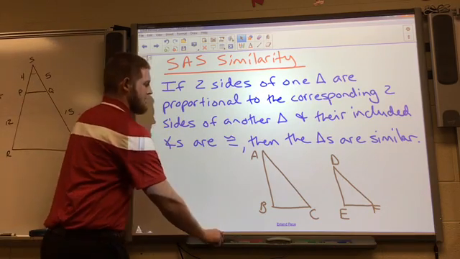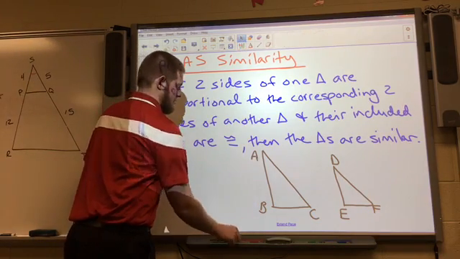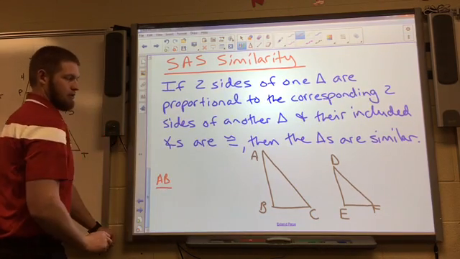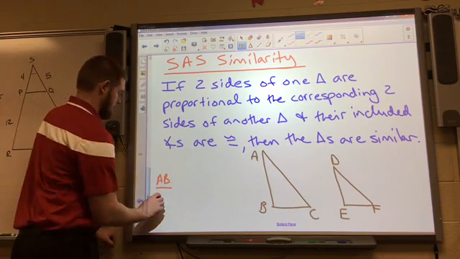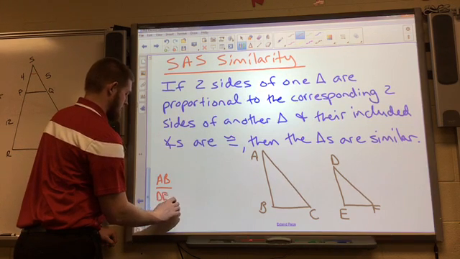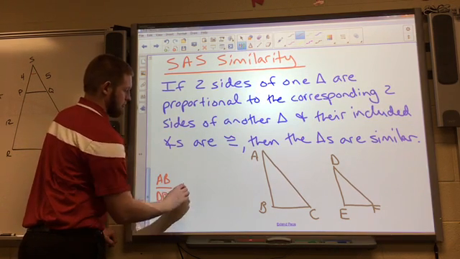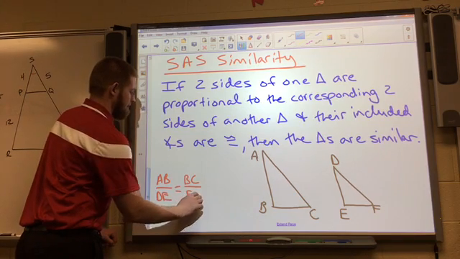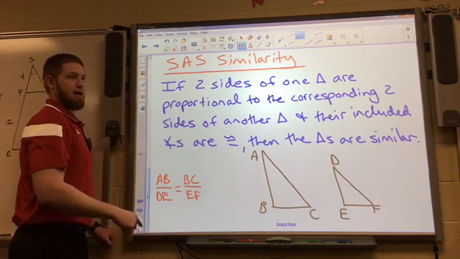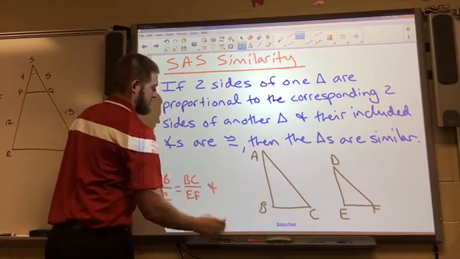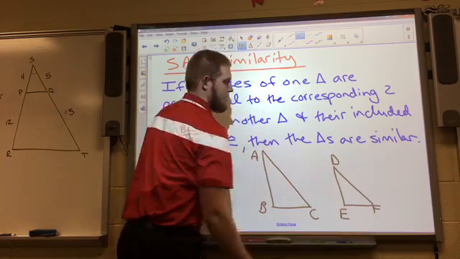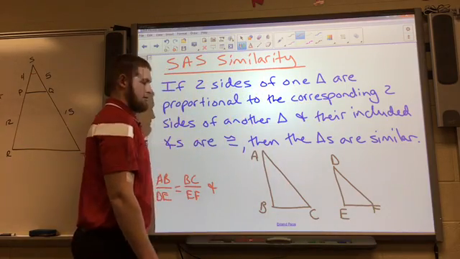So let's go ahead and use AB and BC. Okay, so I have AB over what? DE. And that's going to be equal to BC over EF. So I have that, and since I chose this side and that one, what angles have to be congruent?